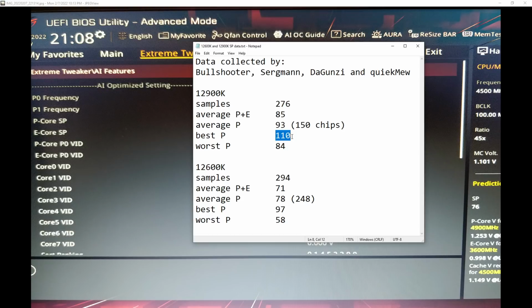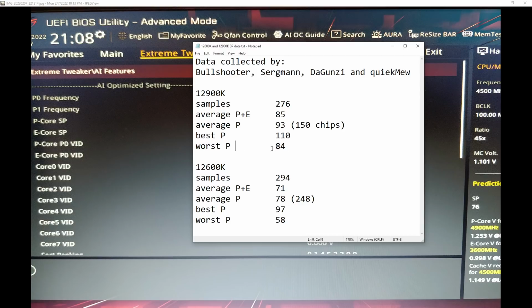The data doesn't include that. It only includes SP ratings because this data is just the first pass of the binning process. The further testing data I don't have access to, and I'm not even sure it exists as a spreadsheet.